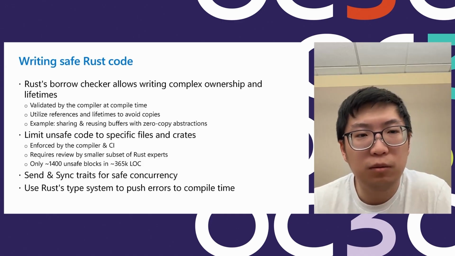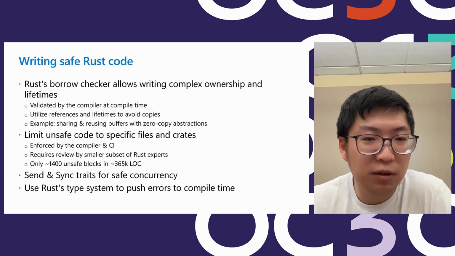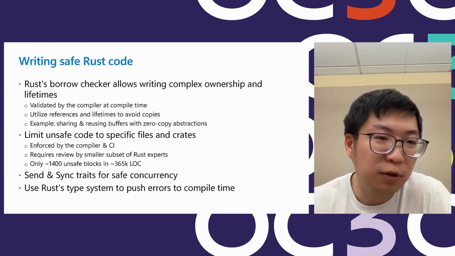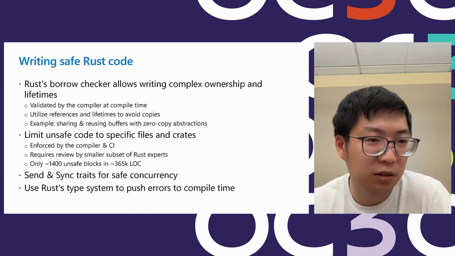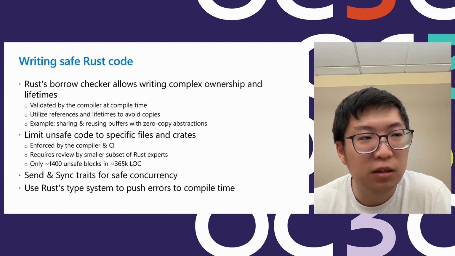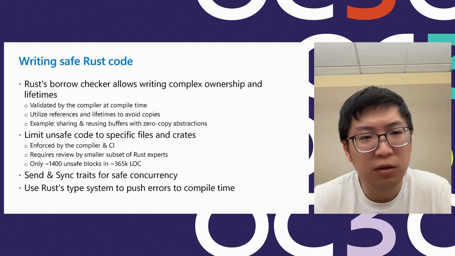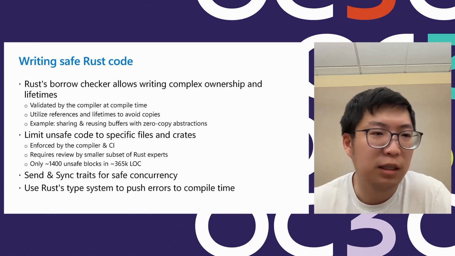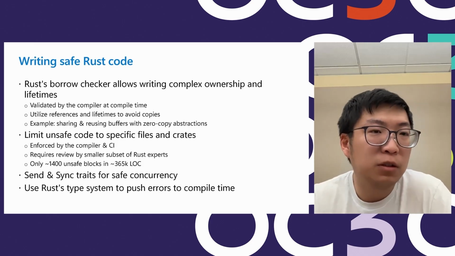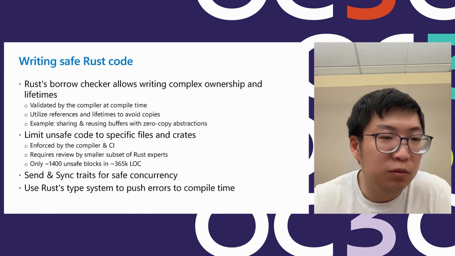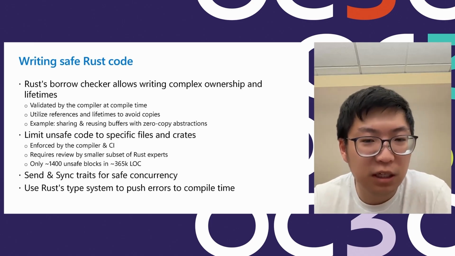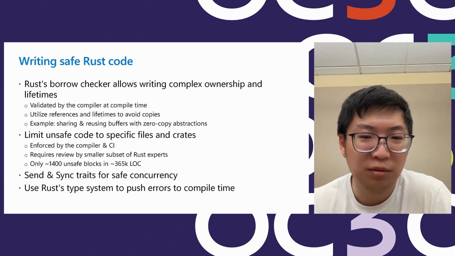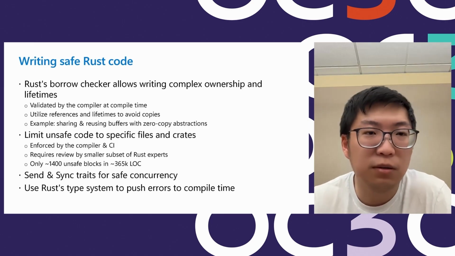And we really have a very small amount of unsafe code in the Paravisor. This 1,400 unsafe blocks is in the whole project, not just the Paravisor. But you can see we really limited unsafe code to what we think is the absolute minimum of what we need. And that's great. Most developers don't need to worry about these additional rules around unsafe code and these additional safety guarantees you need to maintain. You can rely on the compiler to verify the correctness and safety of your code.